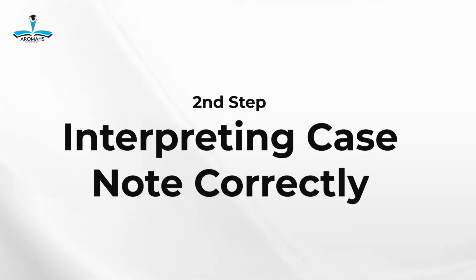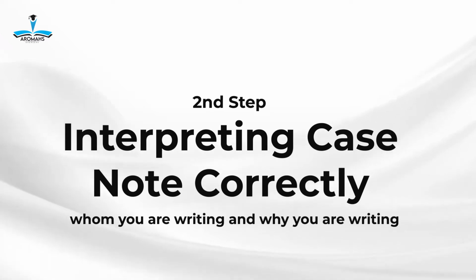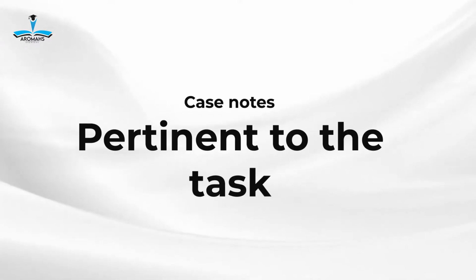The second step is interpreting case notes correctly. After reading the writing task, now you know to whom you are writing and why you are writing. So you should begin reading the case notes, paying special attention to case notes that are pertinent to the task.